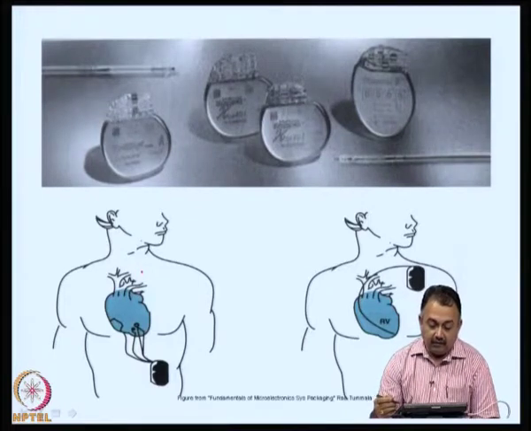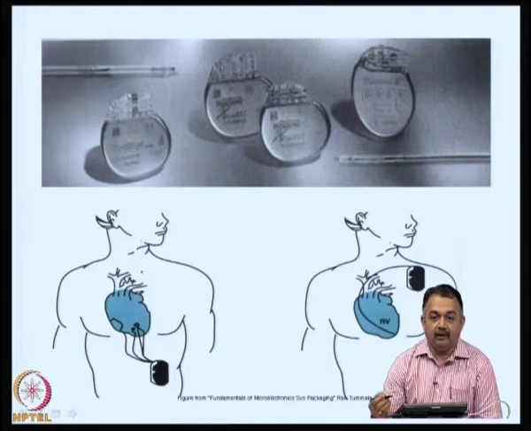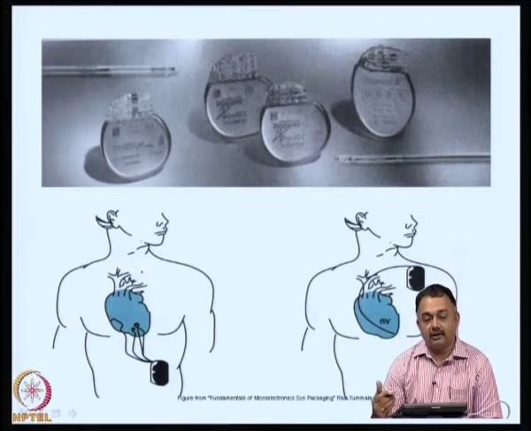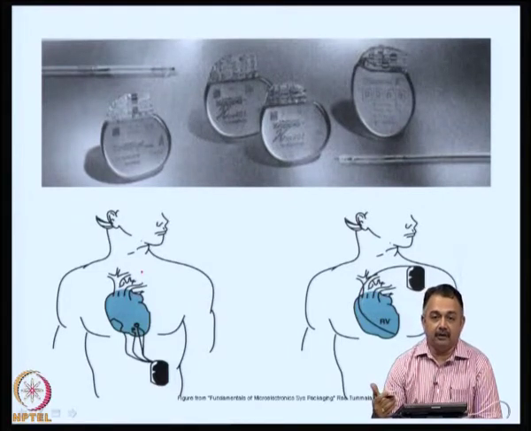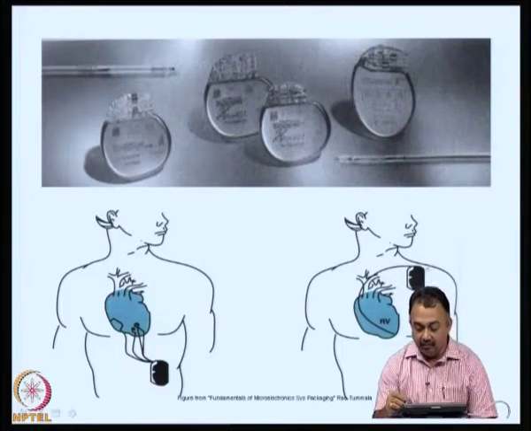You can see very small systems. For example, there is a pacemaker that regulates or monitors your heart after surgery, or if there are certain conditions for some people which need the heartbeat and the condition of the heart to be monitored regularly, then in some cases it needs to be implanted.